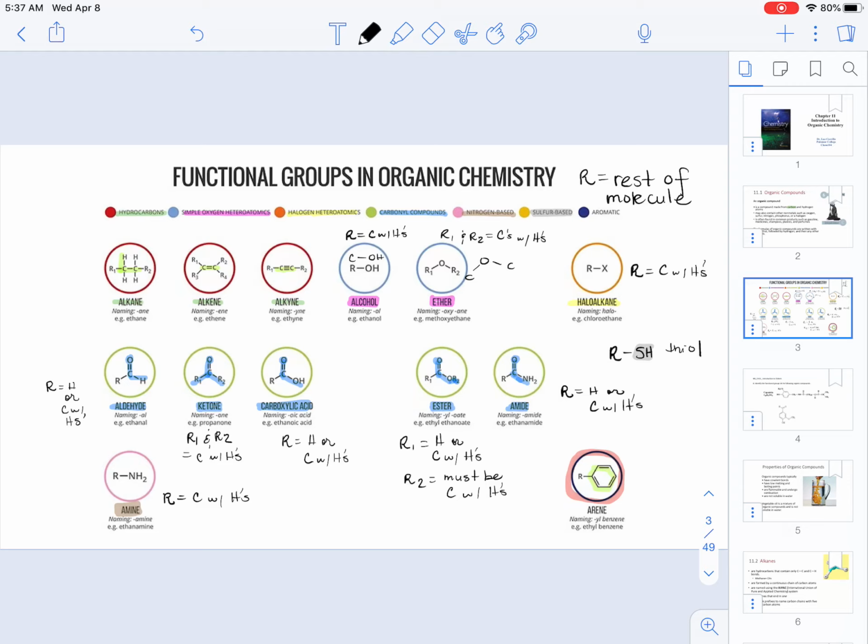And in thiol, that R is going to be carbon with hydrogens. So to practice the recognition of functional groups, you must be able, for the next exam, to, given an organic compound, identify the different functional groups.